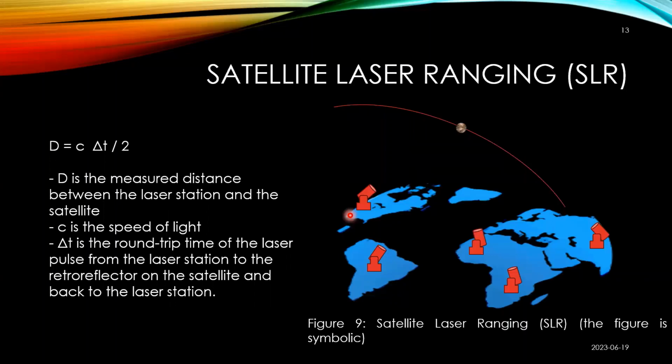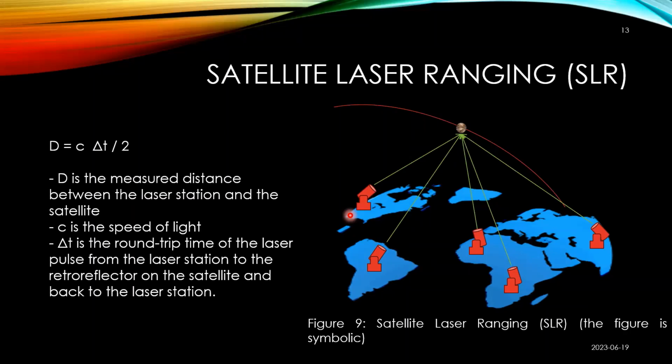Another technique is satellite laser ranging. With lasers from laser stations, the satellites are like a ball with reflectors on them, some prisms, and they send back any laser beams that are shot from the ground to them.